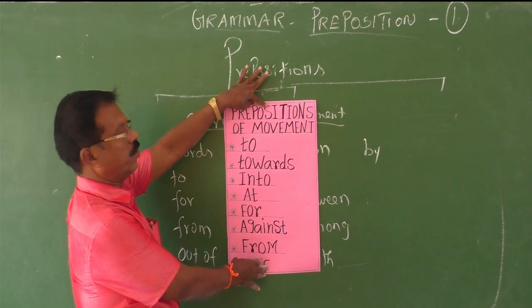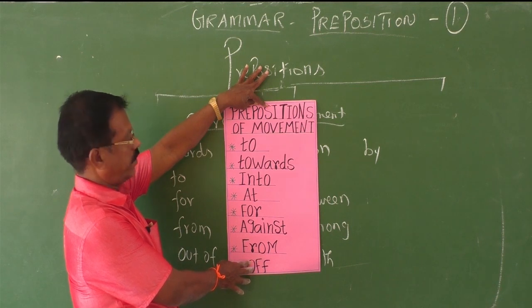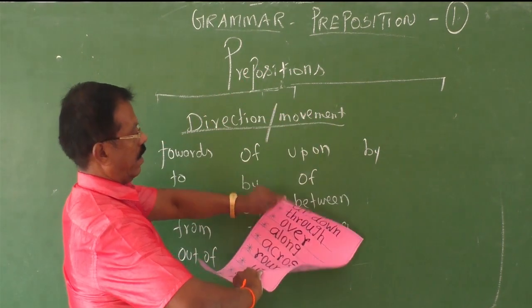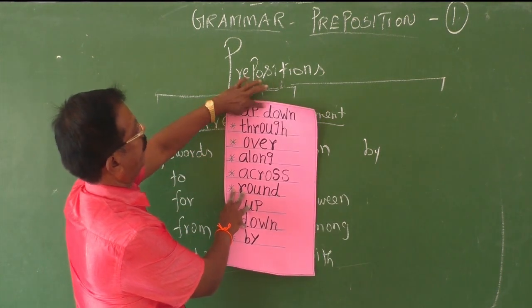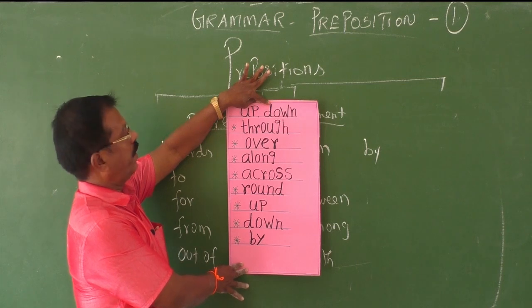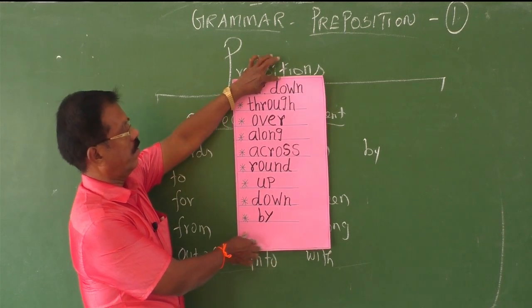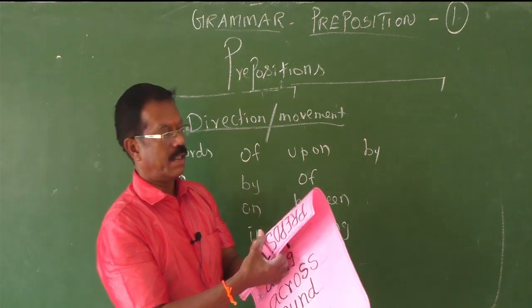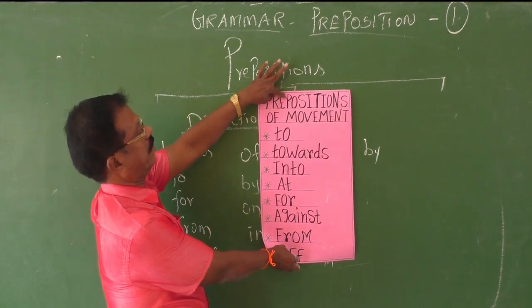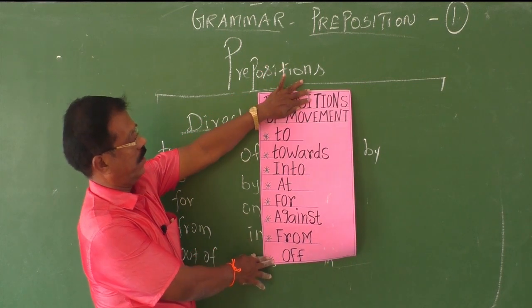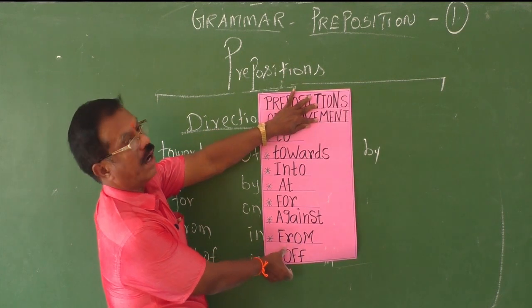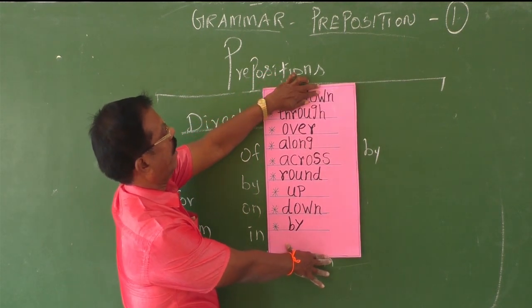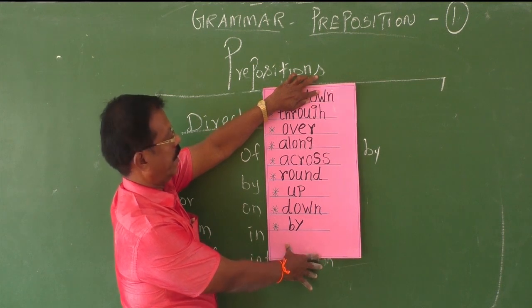Prepositions of movement: to, towards, into, at, for, against, from, of, then up, down, through, over, along, across, round, up, down and by.